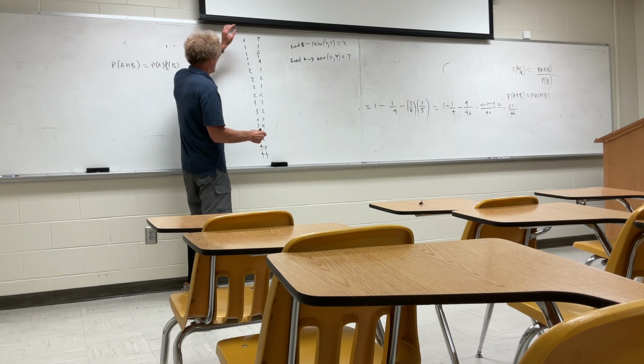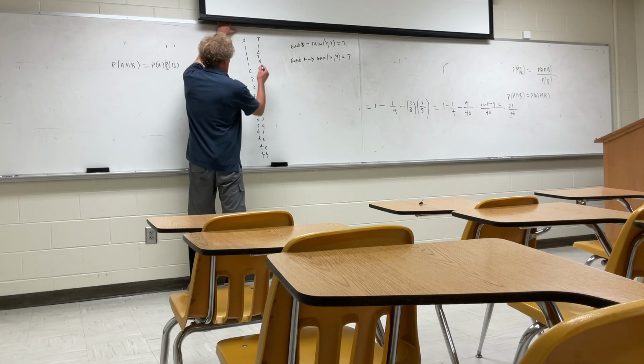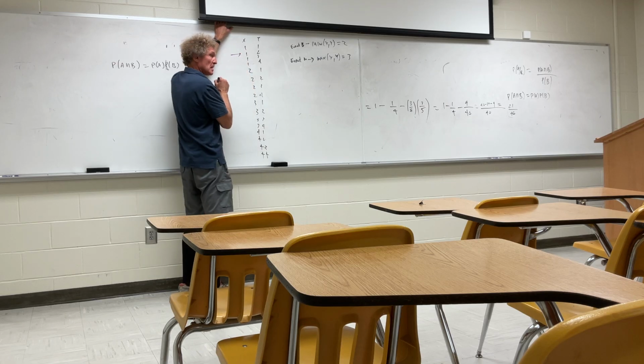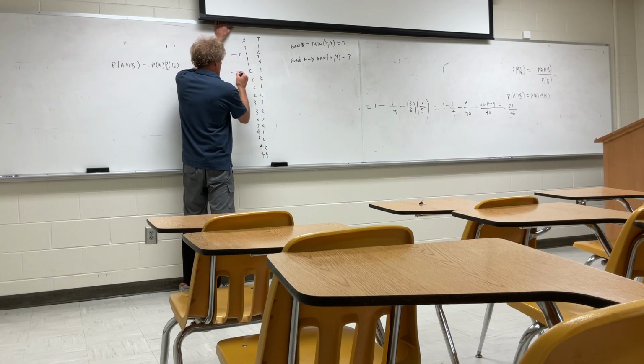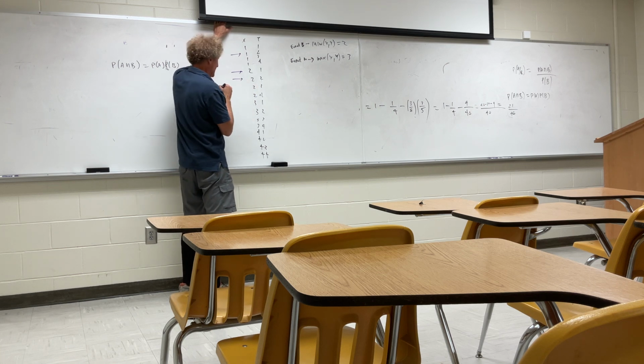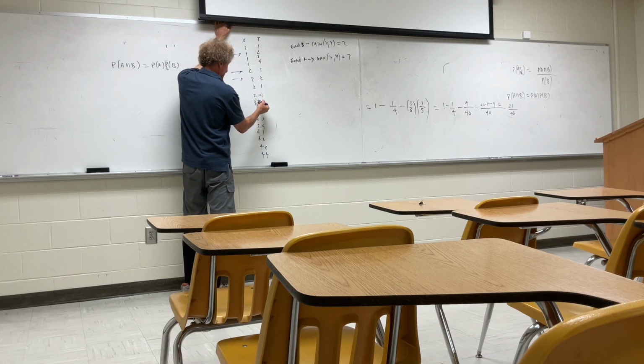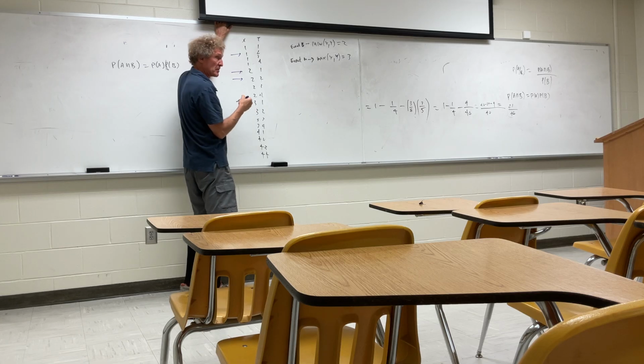Minimum of 2. Well, here's one. That's got a minimum of 2. Where else? This one, 2, right? This one, minimum of 2. That one has a minimum of 3. That one has a minimum of 4, right? This one right here has a minimum of 1.